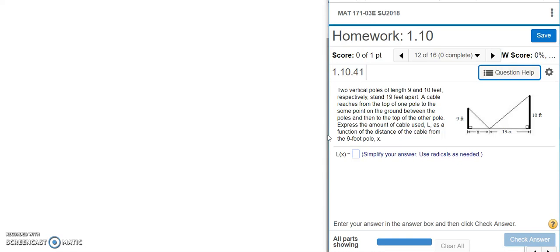And it didn't matter which side they called x and which side they called 19 minus x, it would work the same either way. So it says express the amount of cable used, L, as a function of the distance of the cable from the 9-foot pole, x. So they want us to base this off of this side being x.